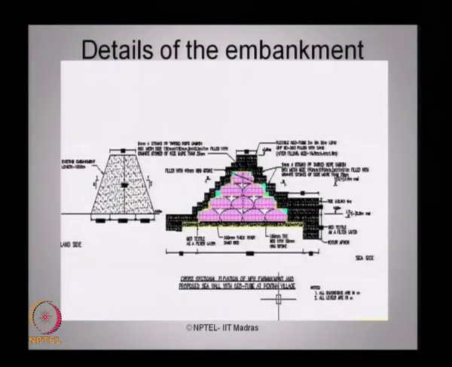Ladies and gentlemen, the figure you see here shows the detail of the embankment in its cross section. If you carefully watch this figure, you will see that the core consists of about 4 layers of geotubes which are placed in a pyramid order as 4, 3, 2 and 1, as you see in this cross section.